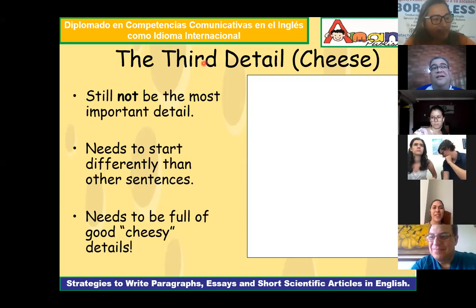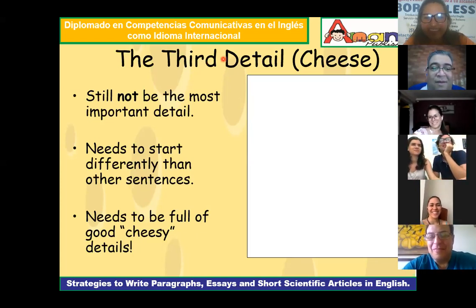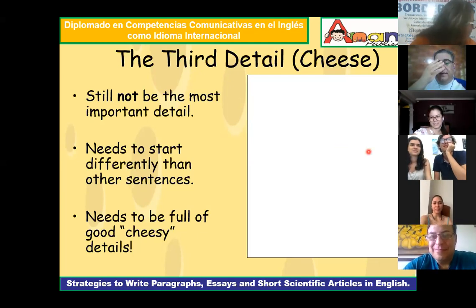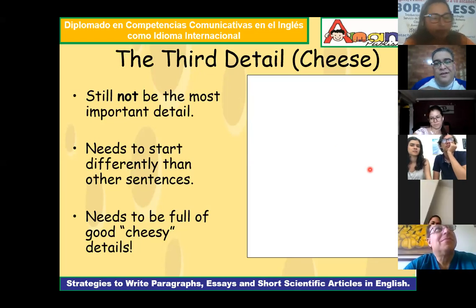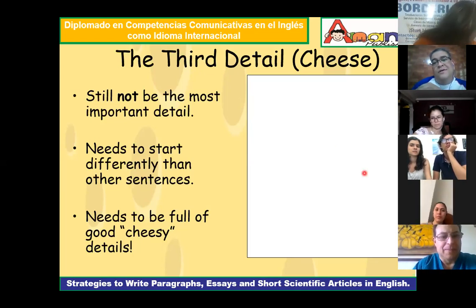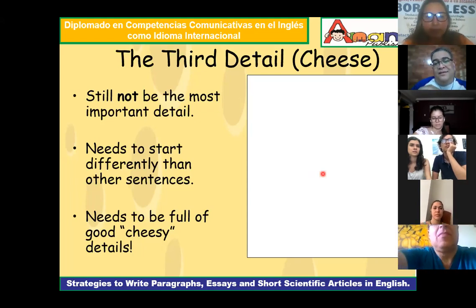Remember, we need to be aware that words in English have different meanings. So in this case, cheesy is quesudo or quesuda, right? It applies in many terms, from the most innocent to the most perverted, but it also means cursi.